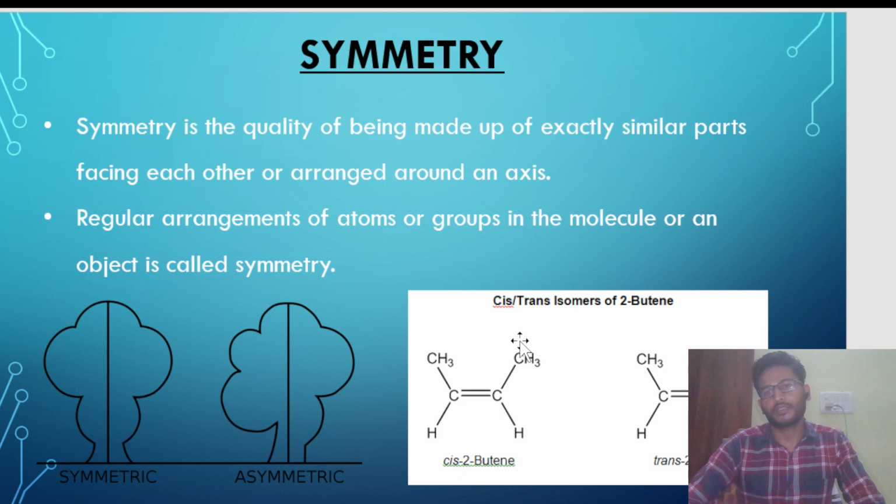In these molecules we have a more regular arrangement of groups, and in this case we have an irregular arrangement of groups around the C=C double bond.